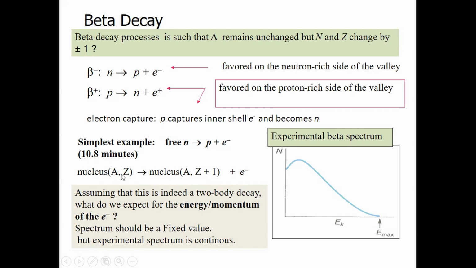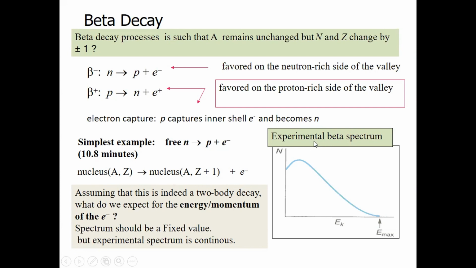So a nucleus which has A number and Z number goes to a nucleus of A and Z plus 1 with electron emission or a beta decay, and this is a kind of a beta decay for which the initial process was written.